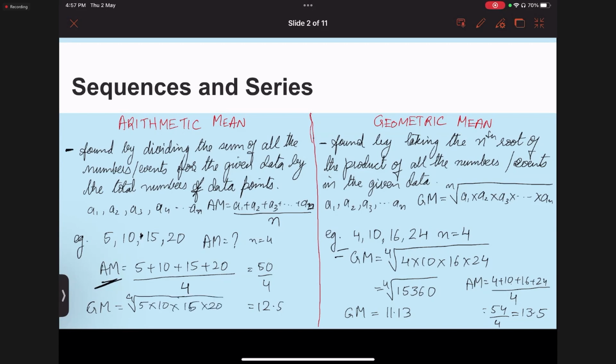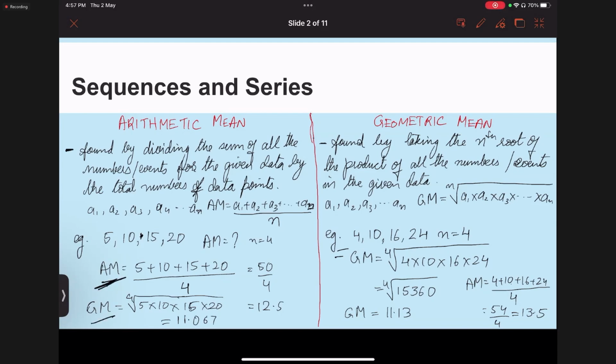Let's see if we get a similar value for GM as AM. This actually comes out to be 11.067. You see again that your GM is not equal to AM.